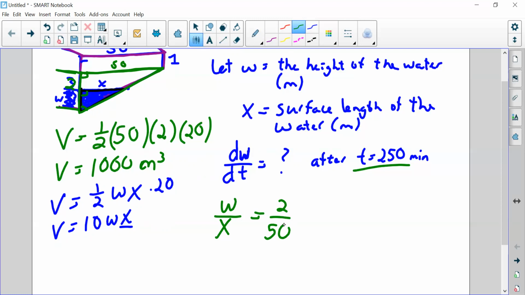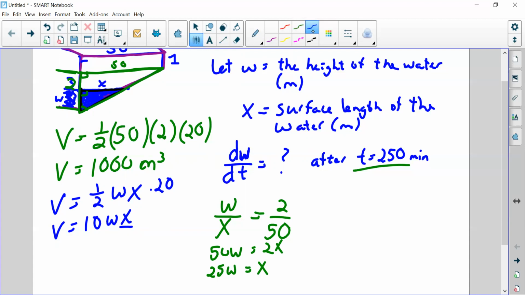So now I can solve this for X. Cross multiply, I get 50W equals 2X. And then X is equal to 25W.